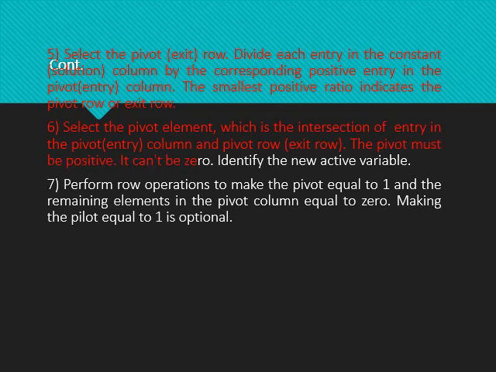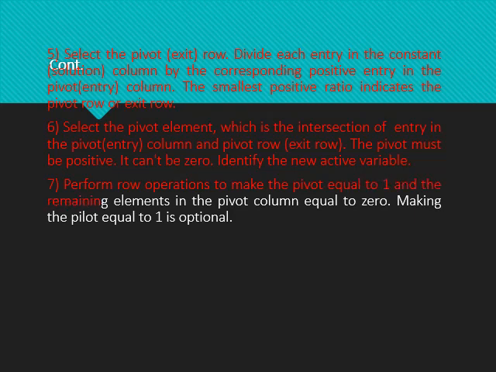And then identify the new active variable. Seven, perform row operations to make the pivot equal to 1 and the remaining elements in the pivot column equal to 0. Making the pivot equal to 1 is optional.